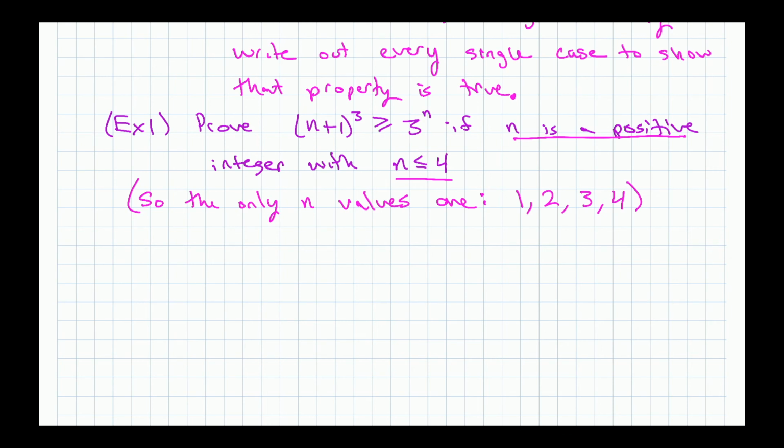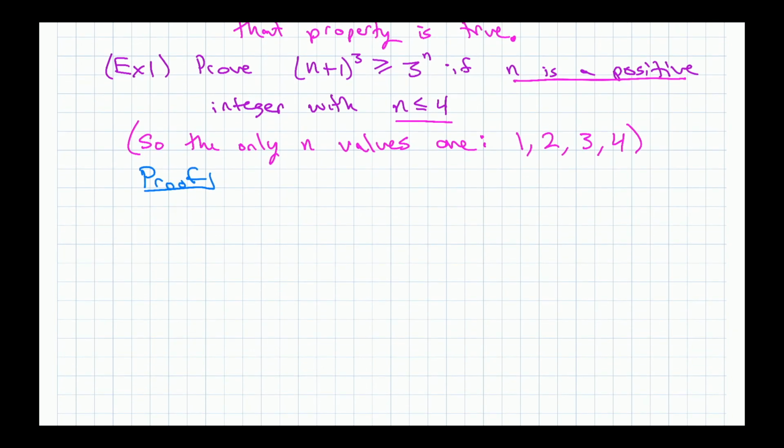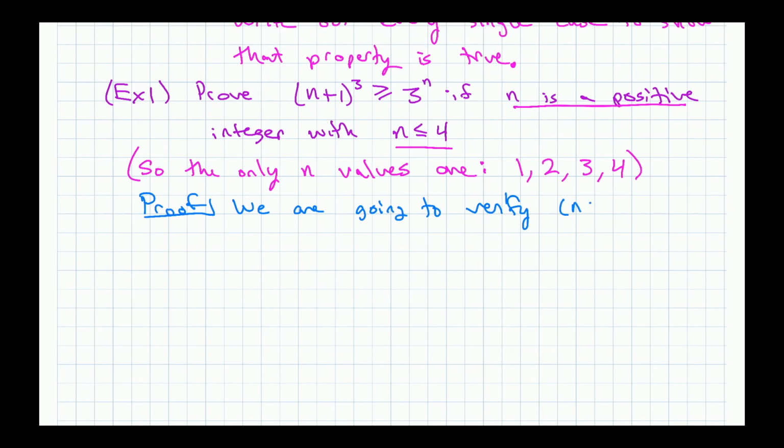So let's do the proof. We can just say we are going to verify the property, which is n plus 1 cubed greater than or equal to 3 to the n, for n equals 1, 2, 3, and 4. That's all we're going to do.